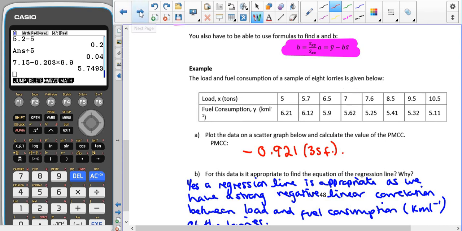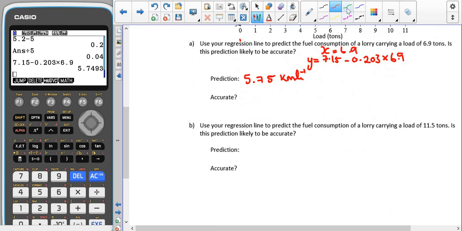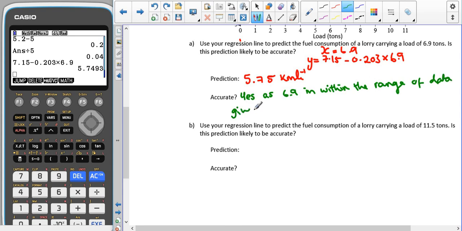So we know that 6.9 lies within the data, which means that this is probably an accurate estimate of the fuel consumption. So is it accurate? I would say yes, as 6.9 is within the range of data given. And this also has a special name that we have used before, which is interpolation.